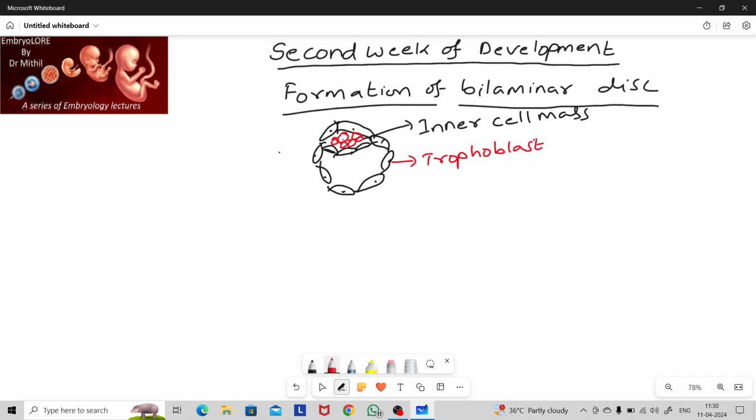In the further step, the inner cell mass, as we have seen in the previous slide, the epiblast is changing into columnar cells. Once again, the flattened cells, trophoblast, and this is the low cuboidal differentiation.